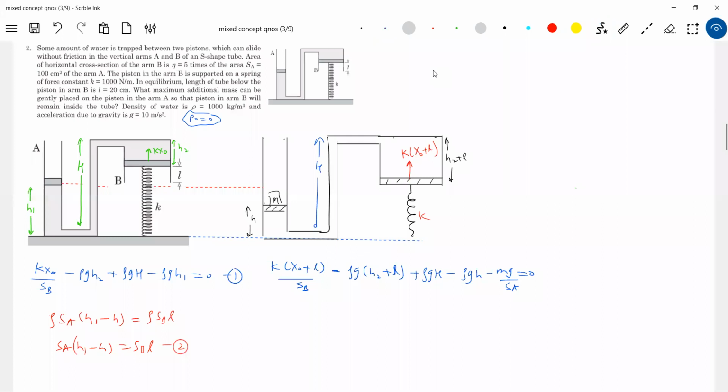Look at the manometric equation: spring force by area of cross-section of piston, minus rho G (H2 plus L), plus rho G H capital H, minus rho G H1, minus mg by SA, where I end up negative, all set equal to 0. Okay, let's do one thing: Kx naught by SB minus rho GH2, and this particular quantity will become equal to rho GH1.